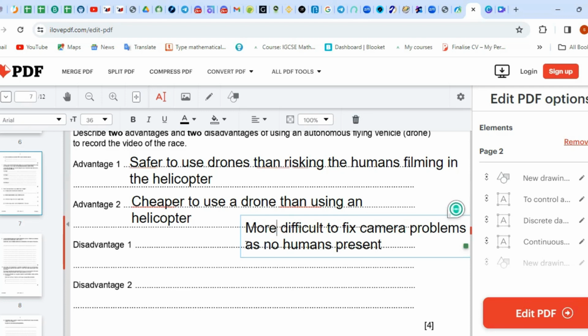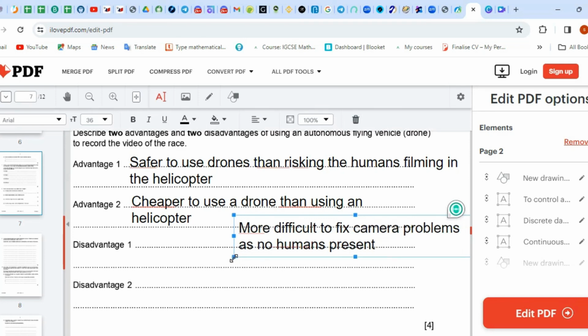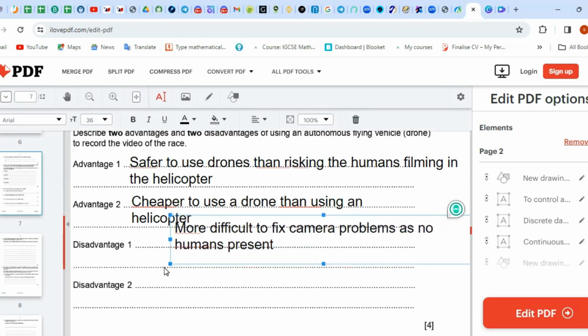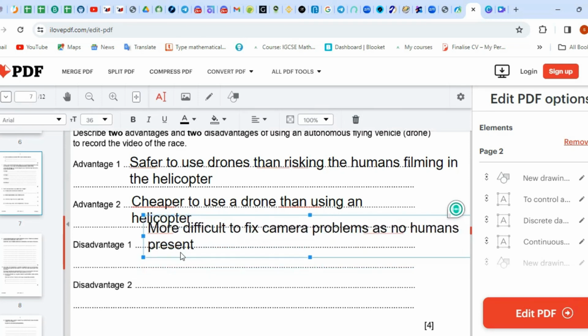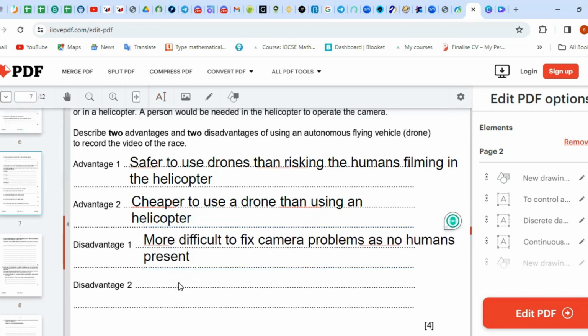So unlike when a human being is recording or filming from a helicopter, the person will be there. But with a drone, there is nobody there. So it is working on its own. You will need to fly it back to you before you can fix it. So it is more difficult to fix.